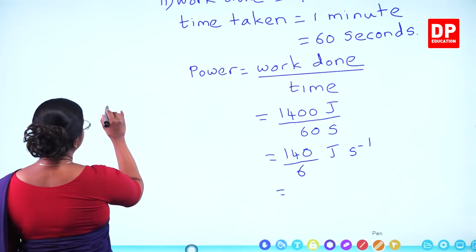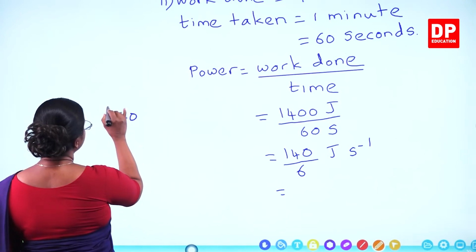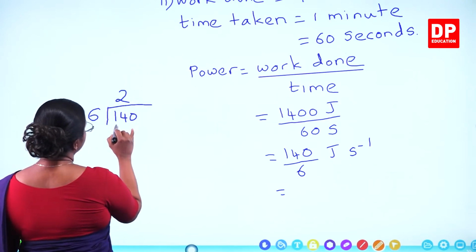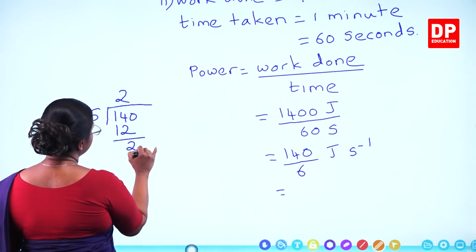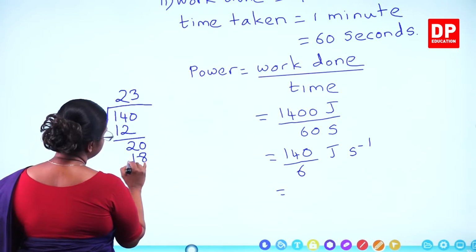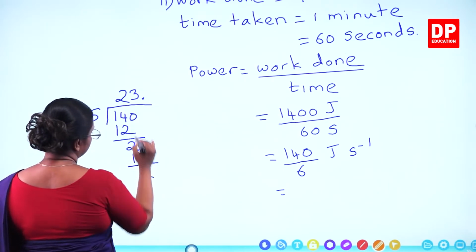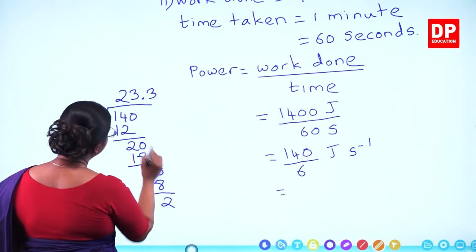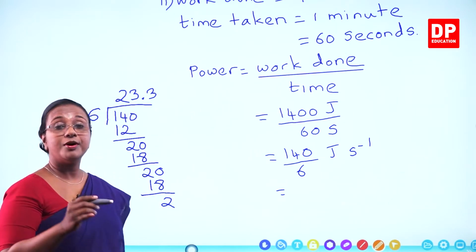So if we simplify that, students, 140 divided by 6. So that is 2 times 12, 20. So that is going to be 3 times 18, again 2. So 20, 18. It will keep on going as 23.33.